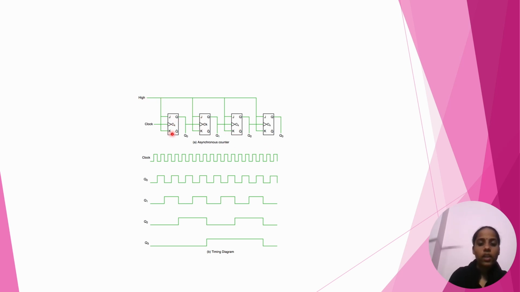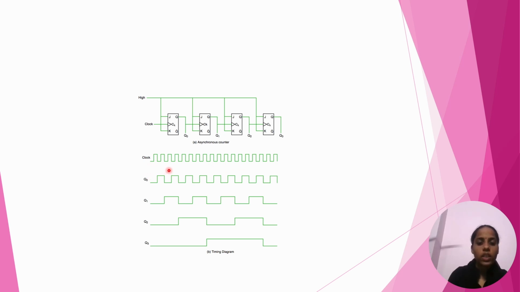J and K are the two inputs. In an asynchronous counter, only JK and T flip-flops are used because these flip-flops have a toggle state, meaning both inputs are 1, 1.